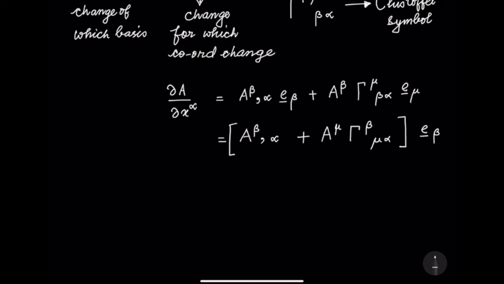The left hand side, just like before, we like to write A beta comma alpha and then E beta, but obviously it is not the same as this because of this extra term, so I put a semicolon over here. Now this derivative is called the covariant derivative. We'll see its importance later.